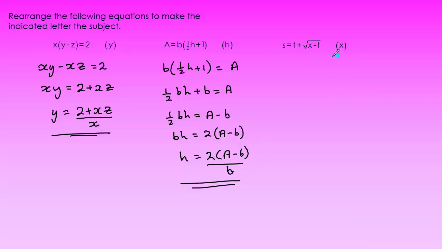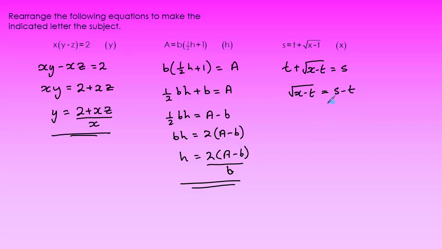Finally, we want x from this, so I'm going to say that t plus the square root of x minus t is equal to s. So I'm going to bring the t over to this side, so root of x minus t is s minus t.